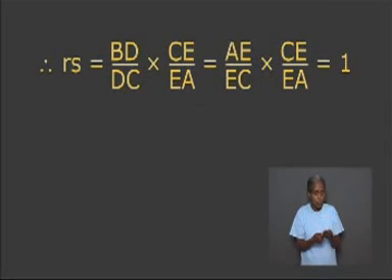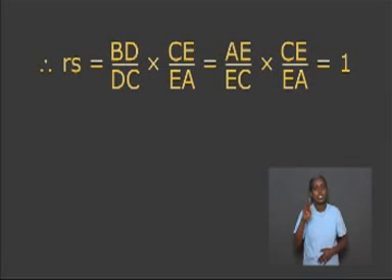Therefore, RS is equal to the ratio of BD to DC times the ratio of CE to EA.